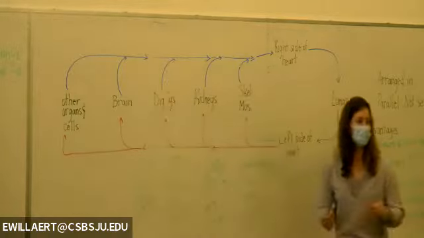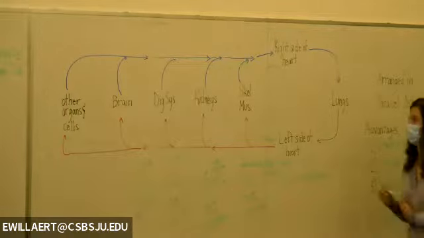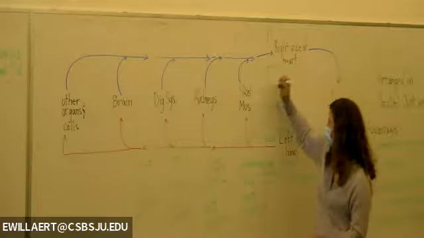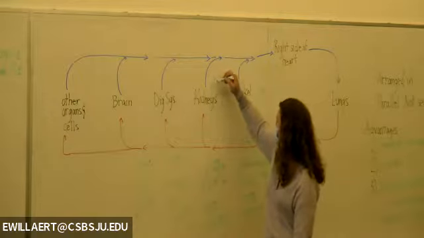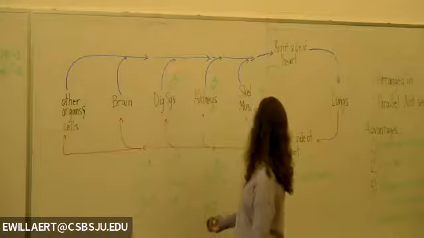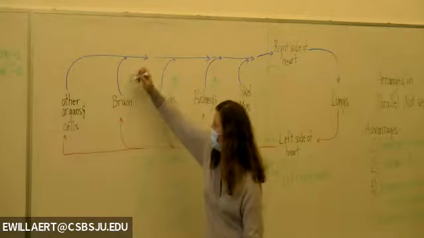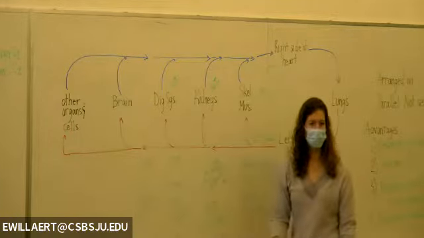Okay? Now, different organs might get more blood. Maybe when we're sitting in class, our skeletal muscles are getting 10%, and our kidneys are getting 30%, and our digestive system is getting 30%. What are we at? 70, and our brain is getting 20%. And our other organs are getting 10% blood. Okay?